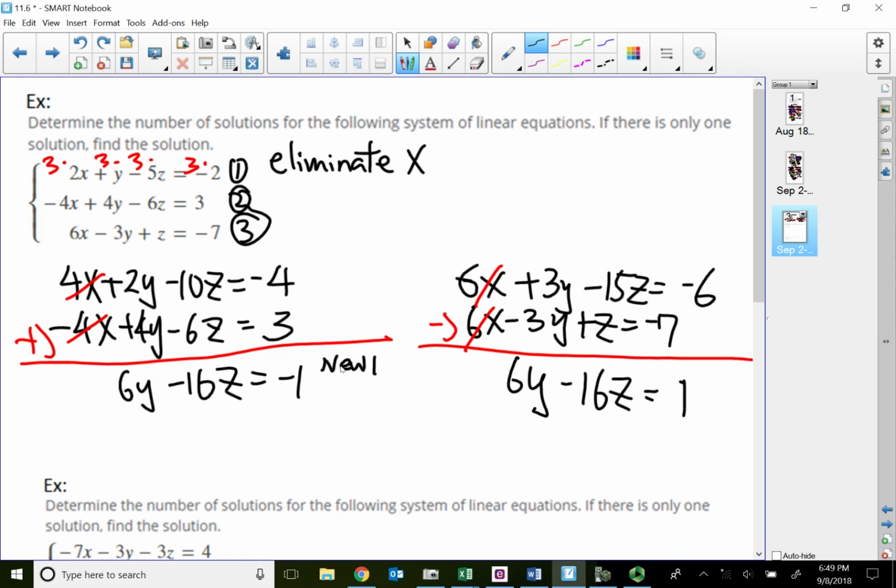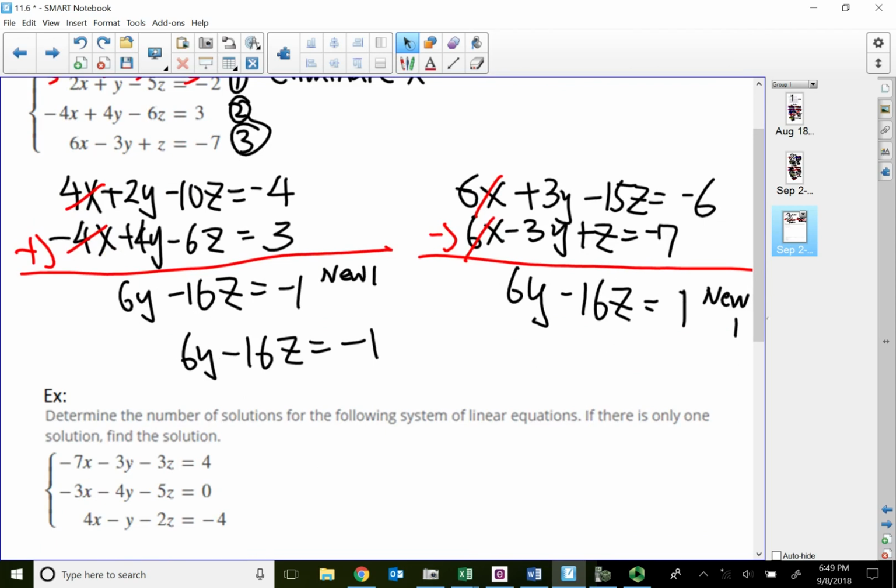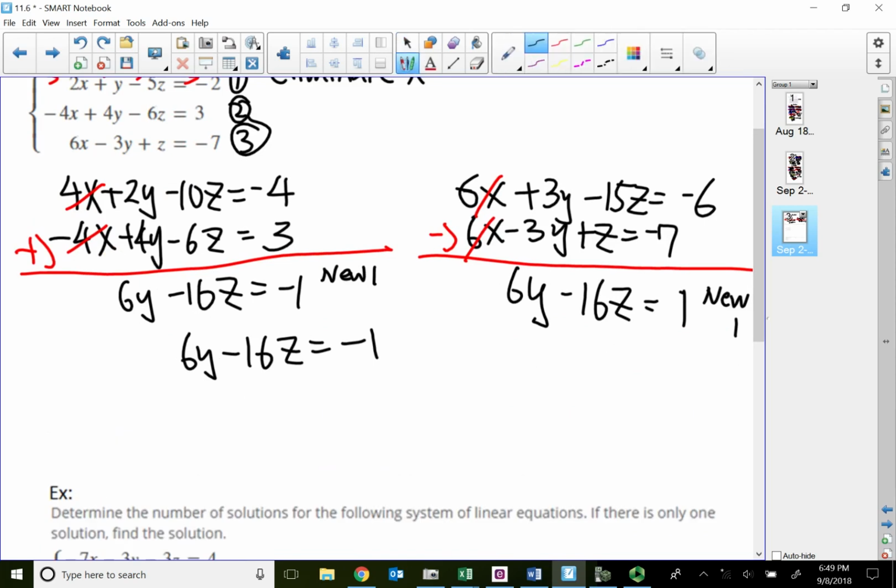So what do you see between the two new equations? See, it almost looked like if I lined up the two new equations here, the y and the z have exactly the same sign.